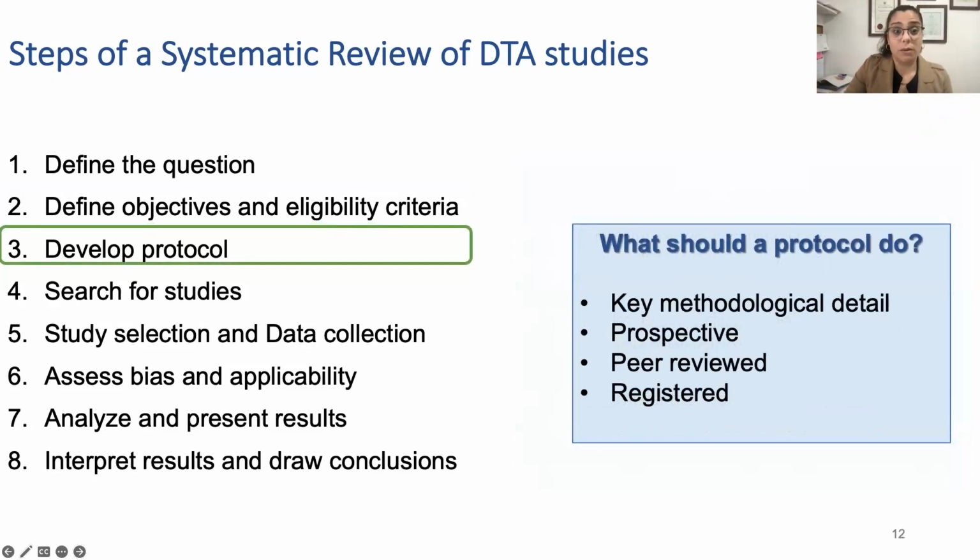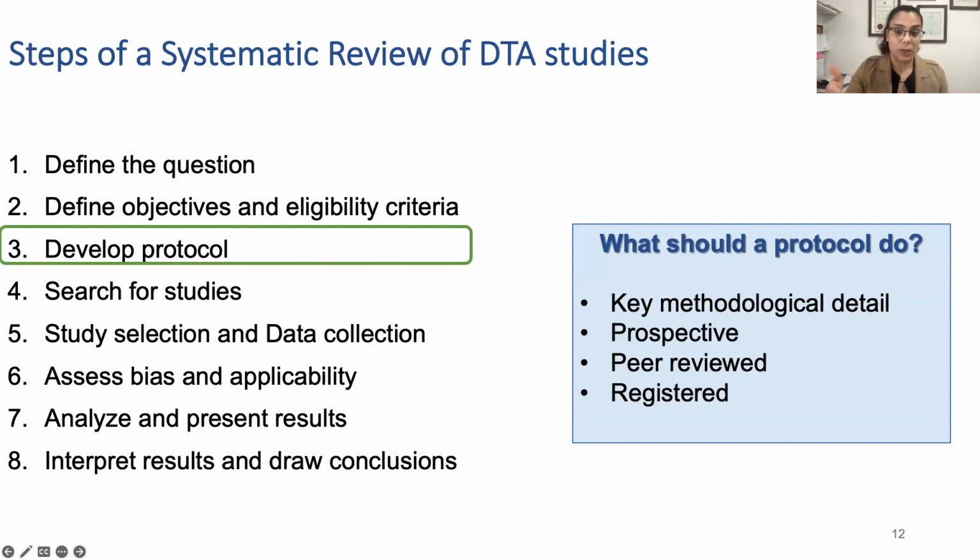Then we move on to the third step, where we develop the protocol. So here we need to clearly describe all these PIT criteria and the methods that we're going to use to assess the test. Of course, the eligibility criteria that we said earlier, any assessment of the studies, the risk of bias and applicability, the data abstraction processes, the models that we want to perform, and so on.